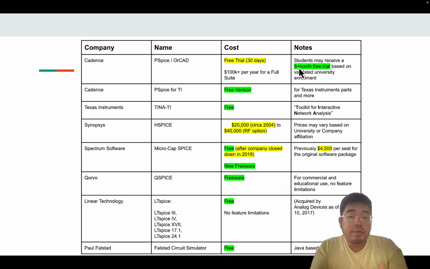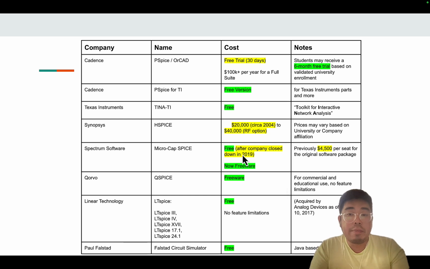Students may use it for free for about a 6-month trial. For the rest of these, such as PSpice for TI, which I did not learn about until today, there are free versions. Some of these, including HSpice and Microcap SPICE, cost tens of thousands of dollars.